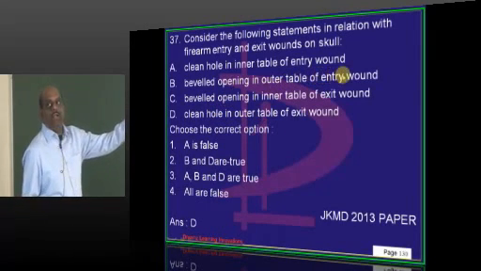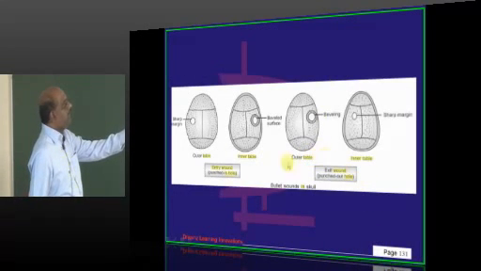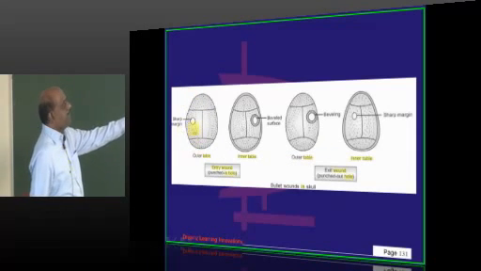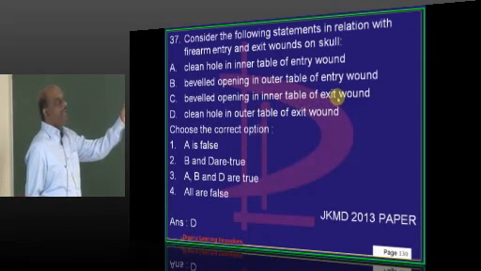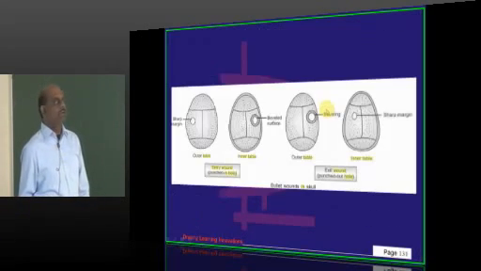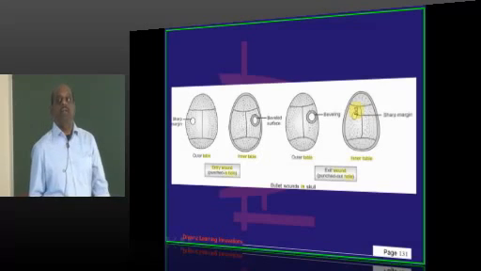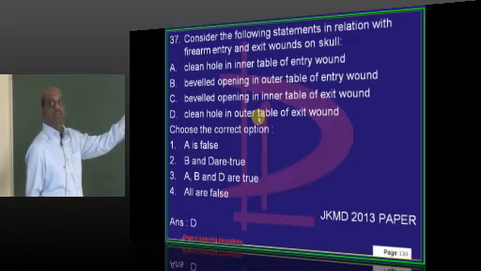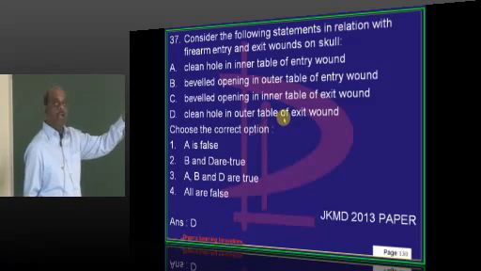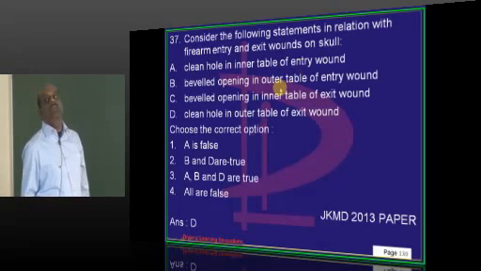A beveled opening in the outer table of the entry wound is wrong. In the outer table of the entry wound you have a sharp margin, not beveled. A beveled opening in the inner table of the exit wound is a wrong statement, because in the exit wound, on the inner table you have a sharp margin, and there is a clean hole in the inner table of the exit wound and a clean hole in the outer table of the entry wound.